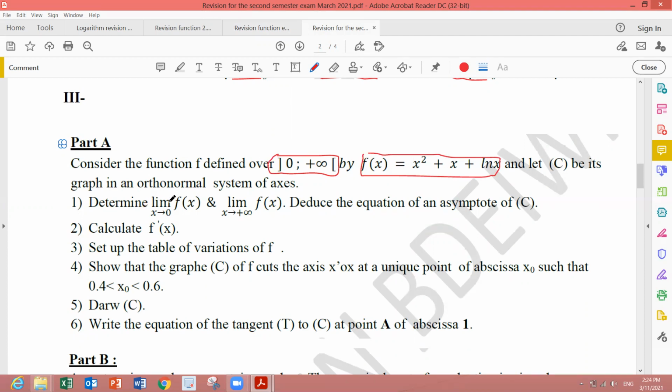Part 1, how much will be the limit as x tends to 0 of f of x, if you replace each x by 0? Minus infinity. And what will be the limit at infinity? Plus infinity. Good.